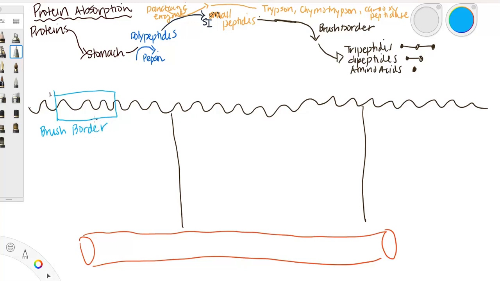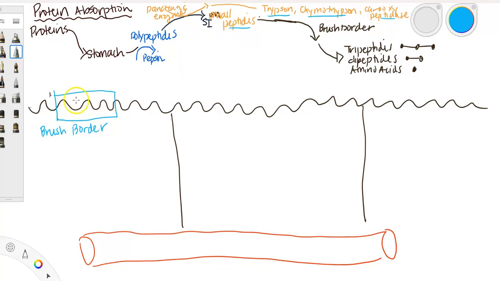So once the chyme enters the duodenum, we have polypeptides that are broken down a little bit from the stomach, and then through these enzymes, trypsin, chymotrypsin, and carboxypeptidase, we get the small peptides.